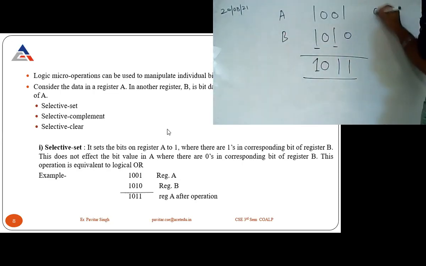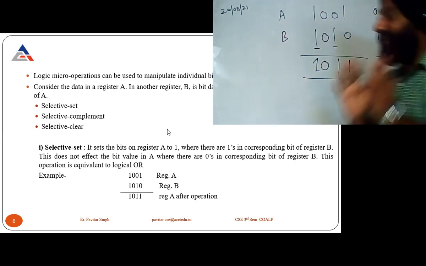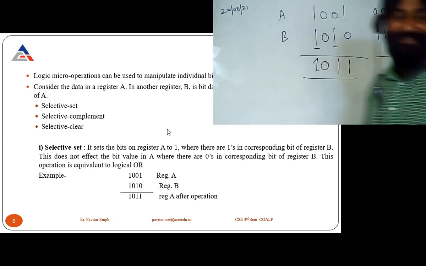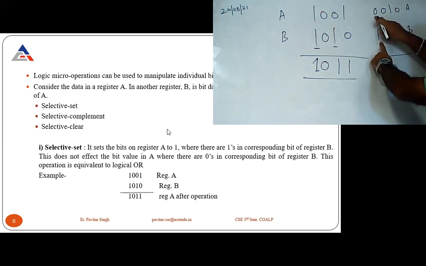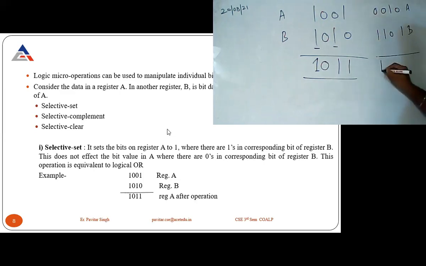So here 0 0 1 0 and 1 1 0 1. This is your A and this is your B. Selective set operation. As the name suggests, you have to check the bits of B and set the corresponding bits of A where there is 1 in B. Here there is 1, but the bit in A is 0, so the answer will be 1.